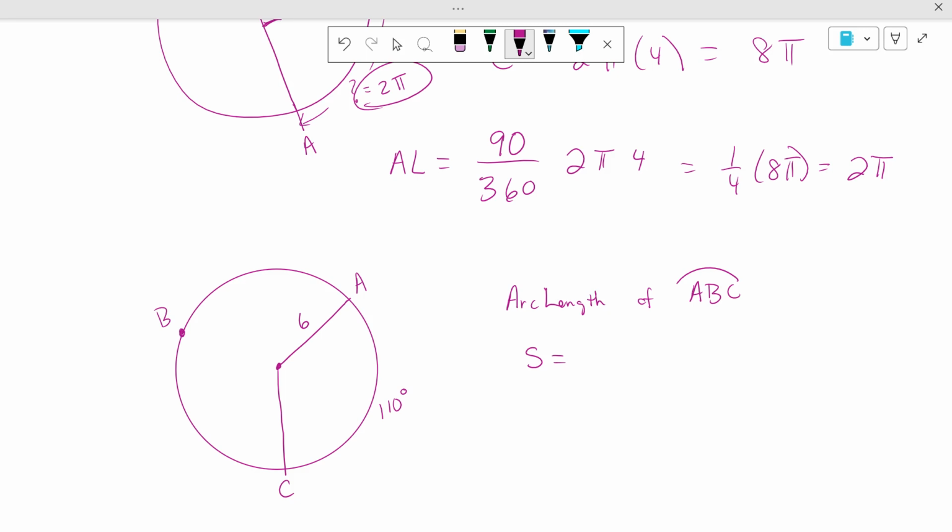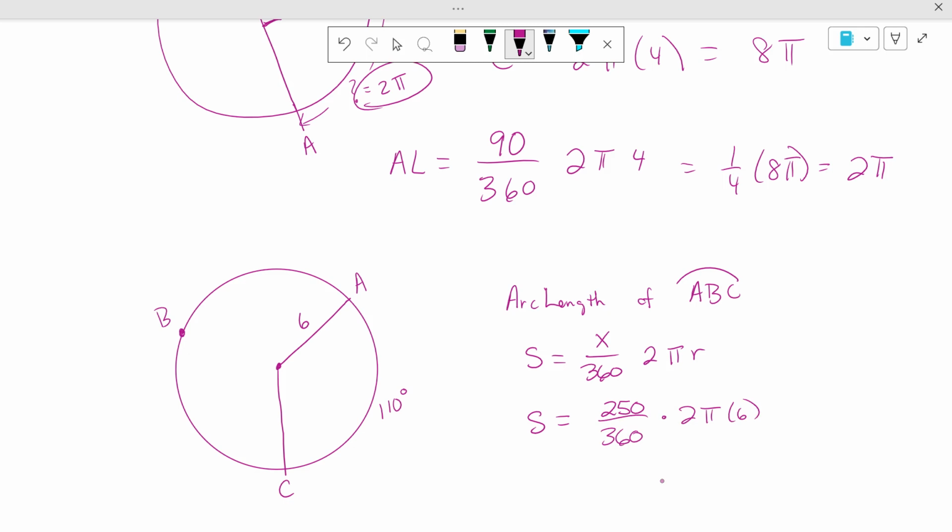So S is equal to however many degrees we have out of 360 times 2 pi r. Well, in this case, what would X be for arc ABC? 250. Because if we use 110 of it here, what's left is 250 out of the 360 degrees times 2 pi times 6.